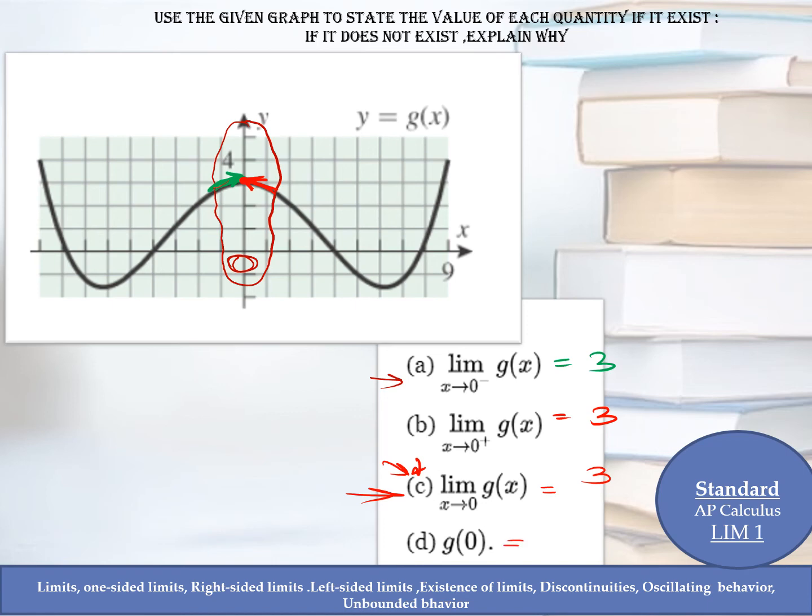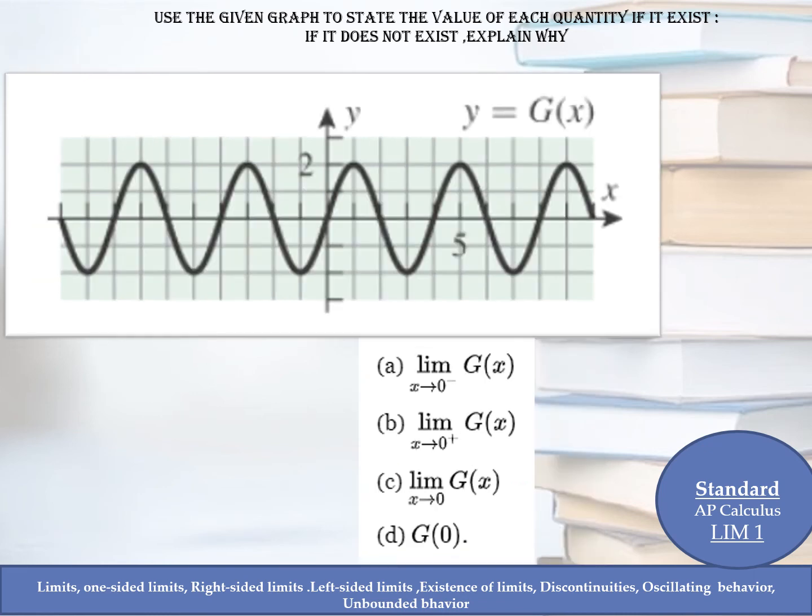G of 0 means you have to read the function specifically at 0 and make sure that the point is shaded. Of course there is a line, so of course this point is shaded, which is also equal to 3. So this is how we read the graphs. Have a look over here. Now again there is a graph, 0 from the left side.